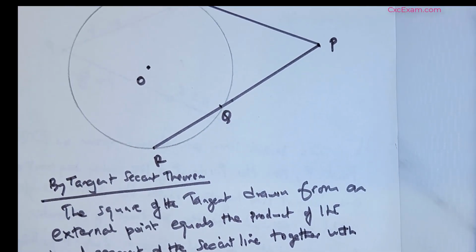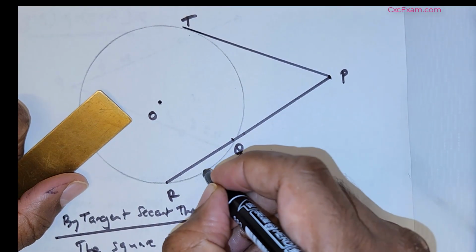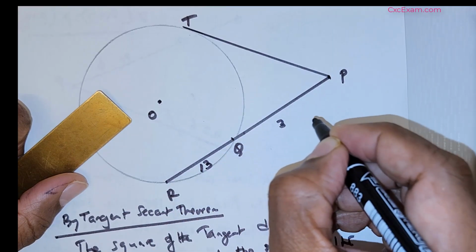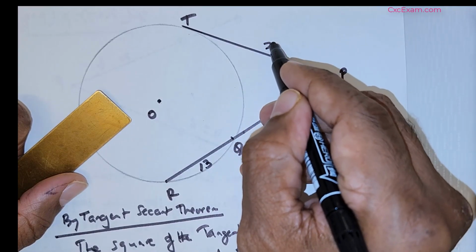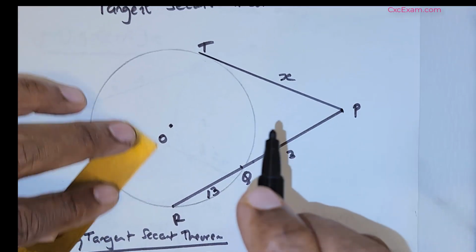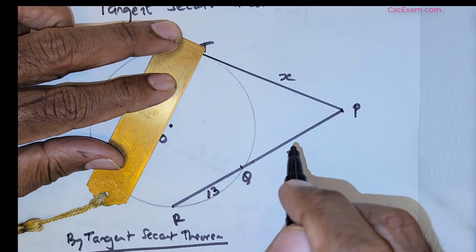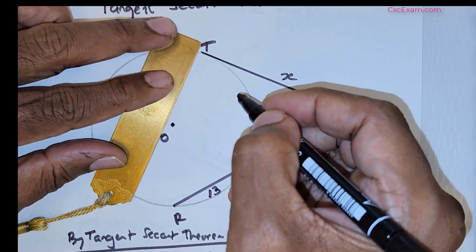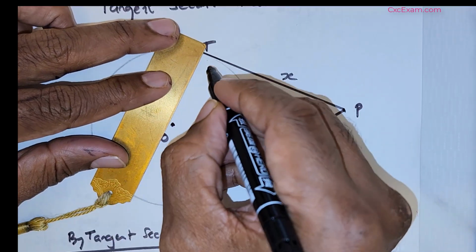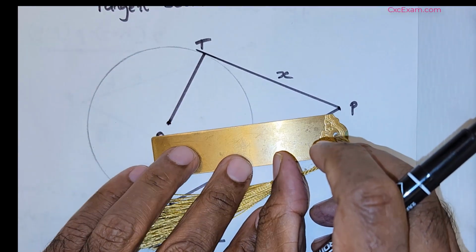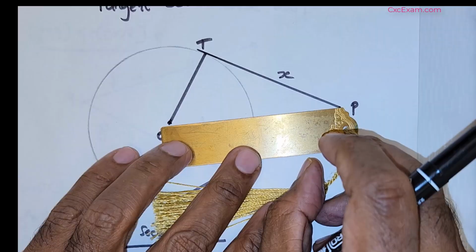Okay, fair enough. Now imagine we are given this length as say 13. This is 3 units. This one is x, and then we are having a point of contact from the center to the tangent.